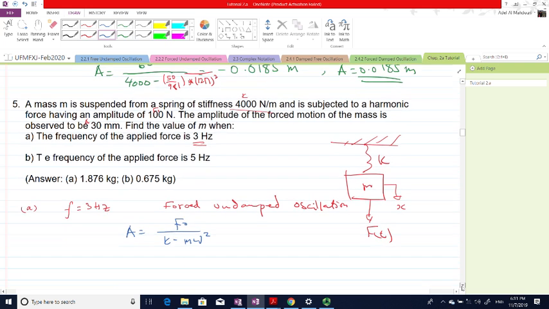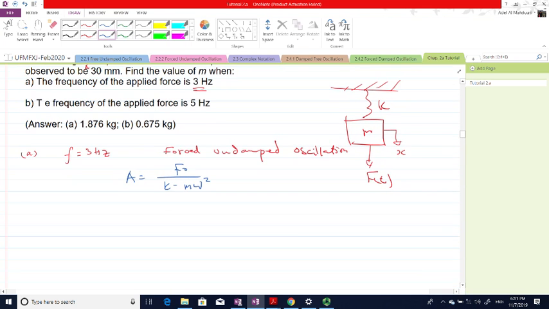Omega we can find from 2 pi F, right? Let's derive M from this equation first, because the amplitude is given.